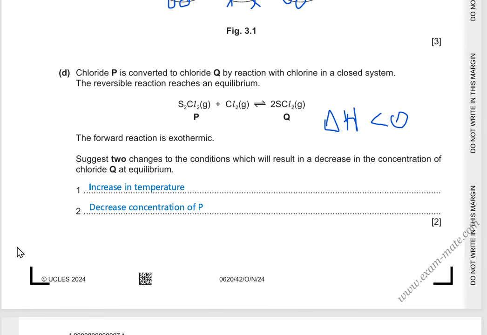Because Le Chatelier's principle says if there's a change at a certain point in the reaction, there will be another change that will oppose it. So if we decrease the concentration of P, Q will also decrease in concentration to counterbalance the reaction.